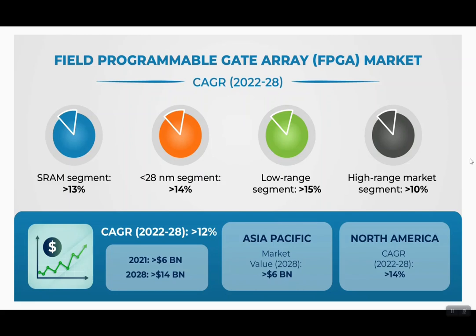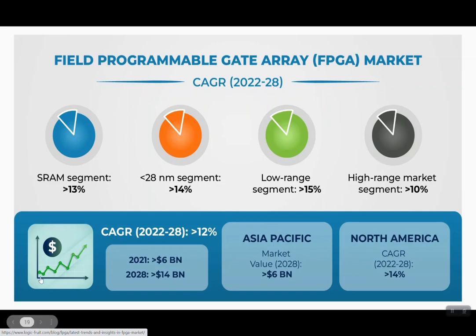This particular slide shows the FPGA, field programmable gate array, market segments globally. This is the compound annual growth rate, CAGR. So what is the annual growth from 2022 to 2028?